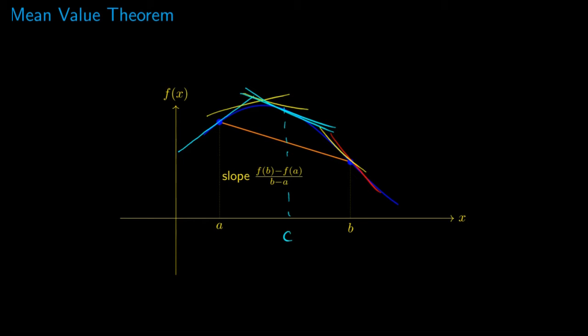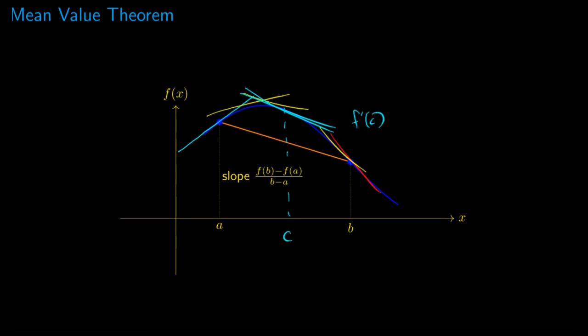And the slope of this tangent line is going to be f prime of c. So we can see that on this open interval between a and b, there's going to exist at least one point c where the instantaneous rate of change at the point c, f prime of c, is equal to the average rate of change between a and b. Okay? This is the general idea of the mean value theorem.